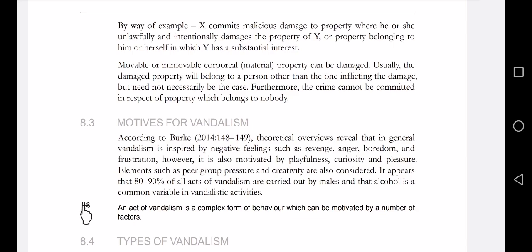By way of example, X commits malicious damage to property where he or she unlawfully and intentionally damages property of Y or property belonging to him or herself in which Y has a substantial interest.